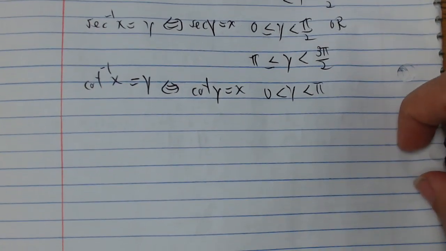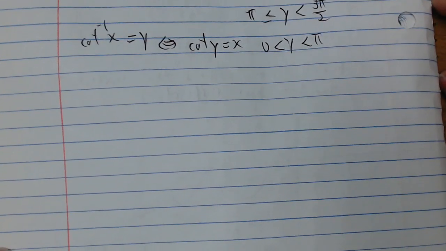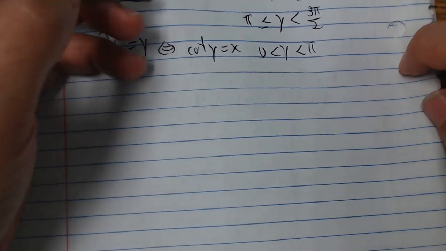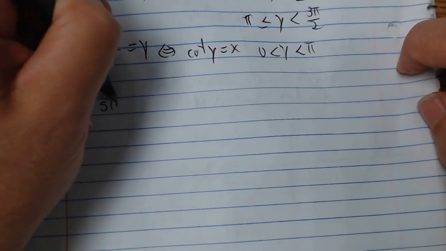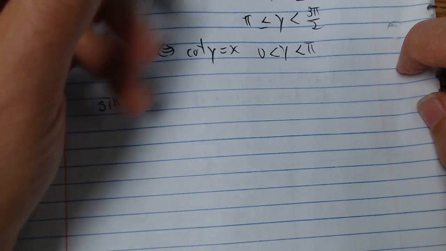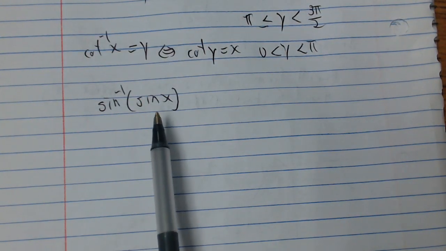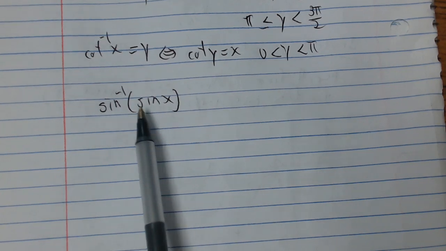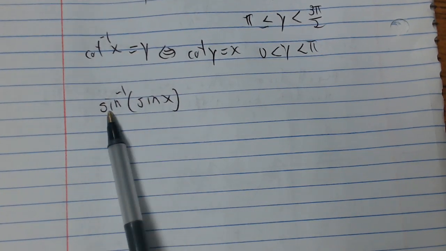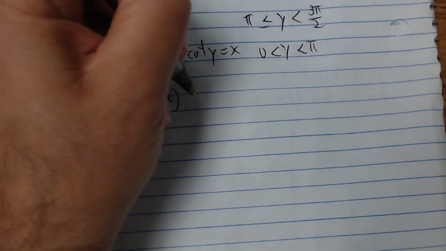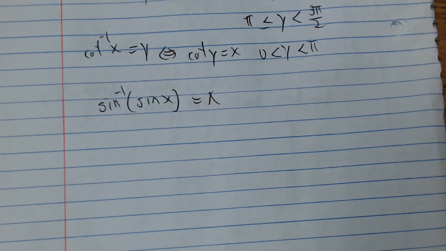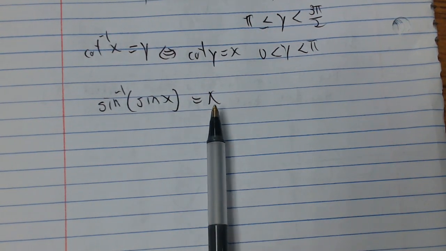Okay, so the last set of properties I want to talk about are as follows. So we have sine inverse of sine of x. If you remember, this is the inverse of the original, so what does this do? Whatever sine does, sine inverse undoes it, which gives us x. Except the question is, what kind of a value is x going to take on?